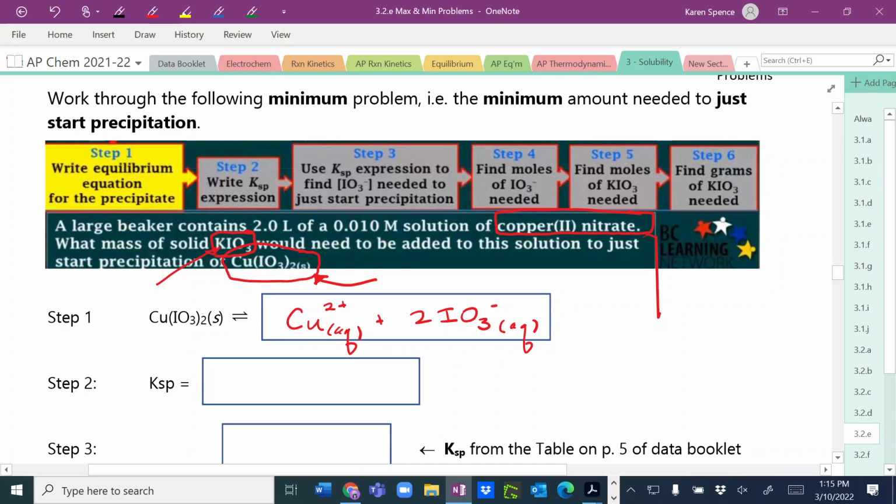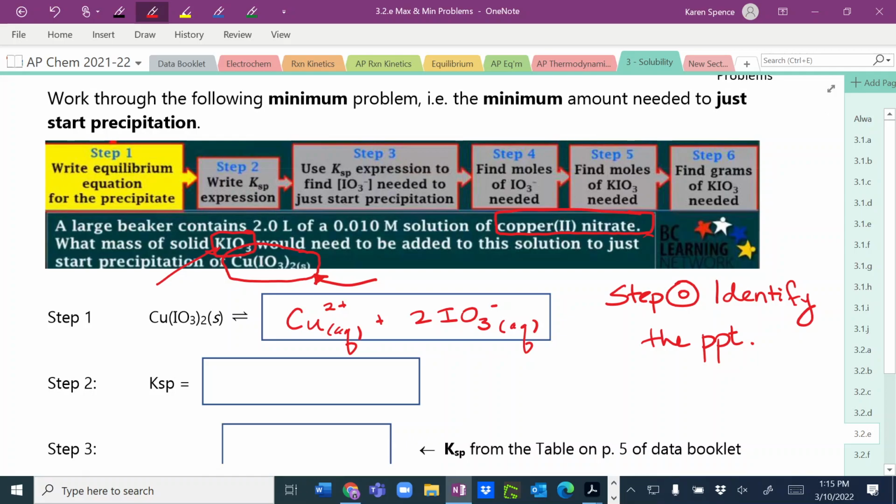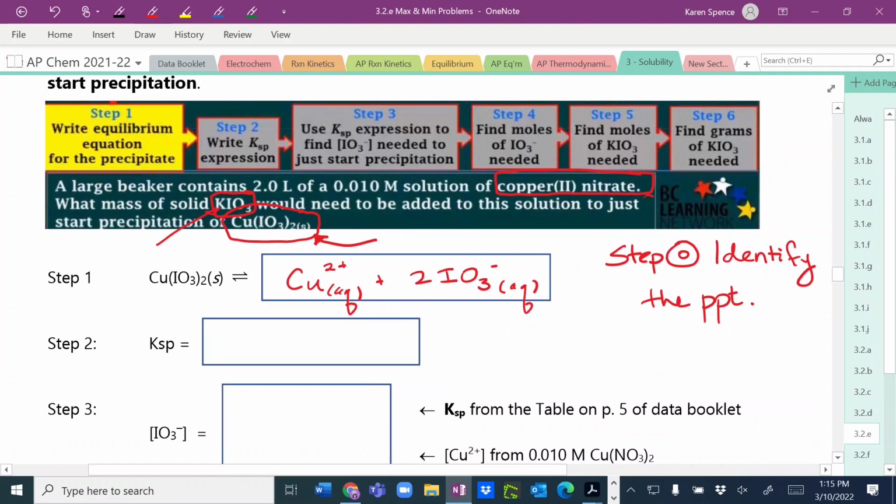So actually, before step 1, step 0 is identify the precipitate. And then once you've done that, you can be like, okay, the precipitate is the copper iodate. I'm just going to work with that. And the other thing will just give me my ion concentrations, okay?